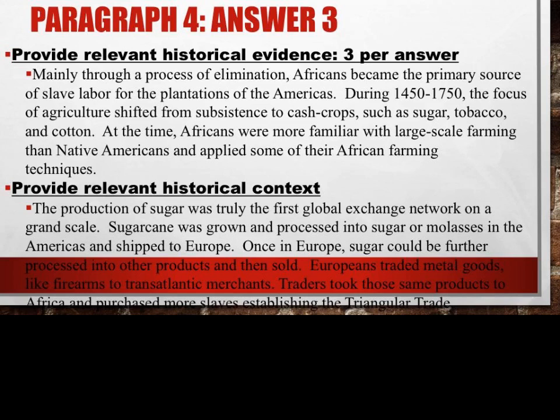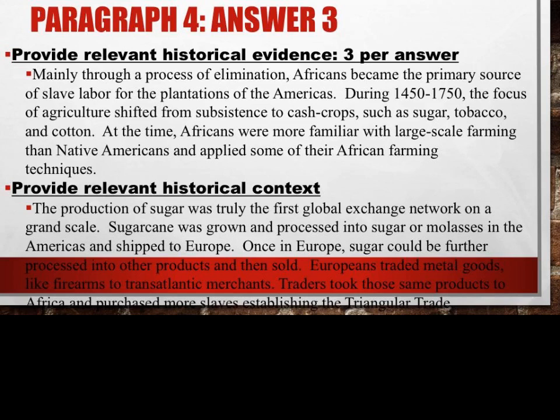Sugar really was the first global exchange network, because we had sugar that was grown in the Americas, sometimes processed there, shipped to Europe, sold as it was, or even processed there. Then the Europeans could take their products that they made to Africa, thus getting more slaves, taking those slaves across the Middle Passage to grow more sugar.